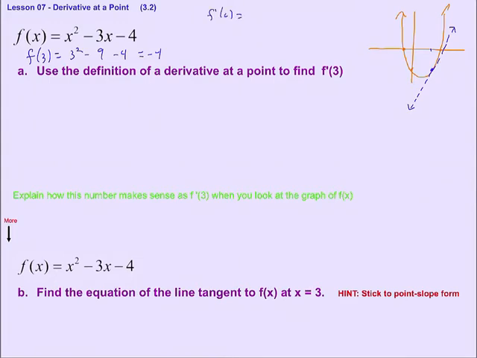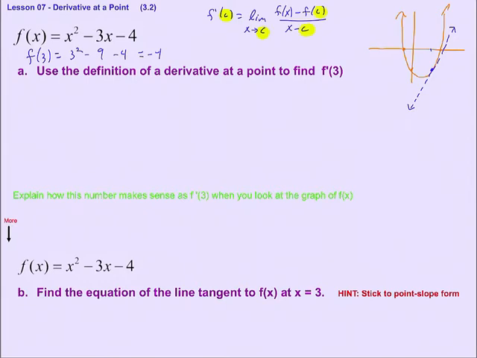F prime of c is equal to the limit of f of x minus f of c over x minus c as x approaches c. And I want you to quickly notice the 4 times that c appears in this definition.